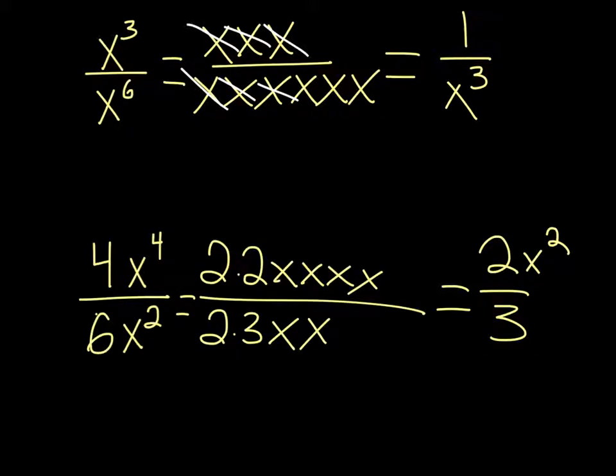I split my 4 to be 2 and 2, and my 6 to be 2 and 3, so I can see that I can cross off a 2 in the numerator and the denominator if I divide both by 2. That won't change the value. Then I can also divide by x in the top and bottom, and a second time. That leaves me with 2/3, and that leaves me with x times x in the numerator.